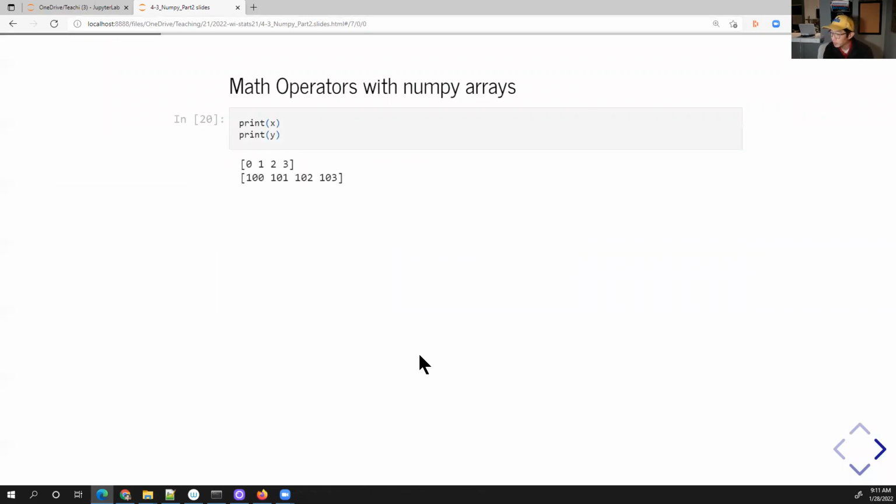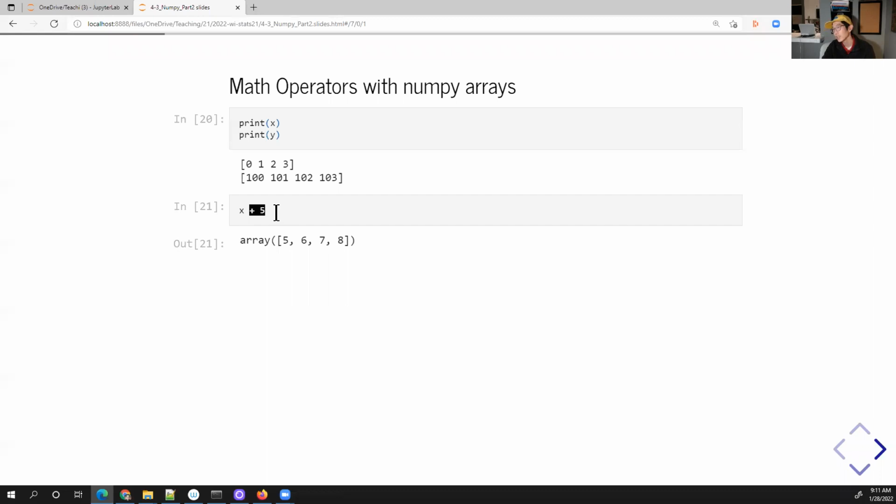So let's talk about math operations. Math operations with NumPy arrays behave pretty much the way I think you would expect them to behave. If I take an array 0, 1, 2, 3 and I do x plus 5, it's going to add 5 to each element. What NumPy does is what we call broadcasting.